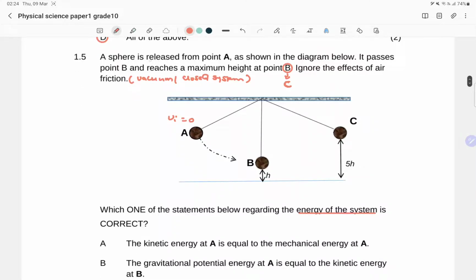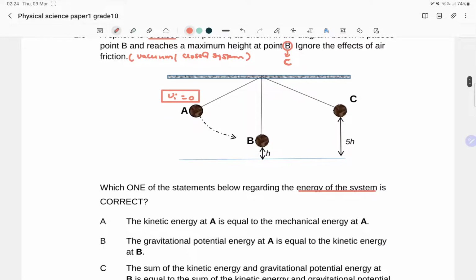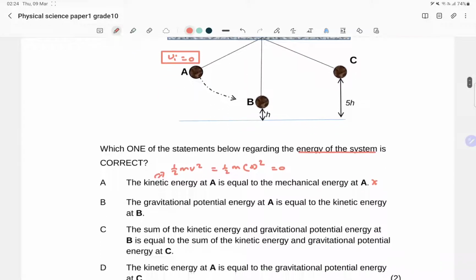Once we are told that it's released, it's the same as when you're dropping something. Now, kinetic energy is related to the velocity. It's half mv squared. We don't care what those values are, but since the speed is 0, the kinetic energy is essentially 0. But mechanical energy at A is not 0, okay? So this is not correct.